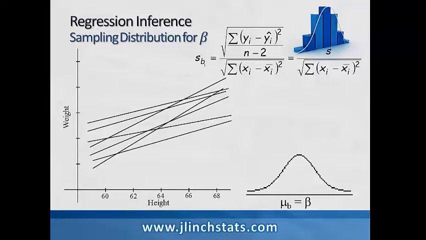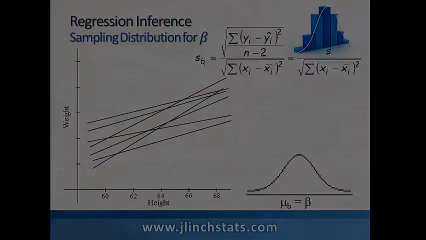And that can be found with the following formula. We can take the square root of the sum of the differences of our actual observed y values minus the predicted y values squared, divided by n minus 2, and divide that by the square root of the sum of the squared deviations of x. And notice that the numerator is actually equal to the standard deviation of our model, divided by the same denominator, which is the square root of the sum of the squared deviations.